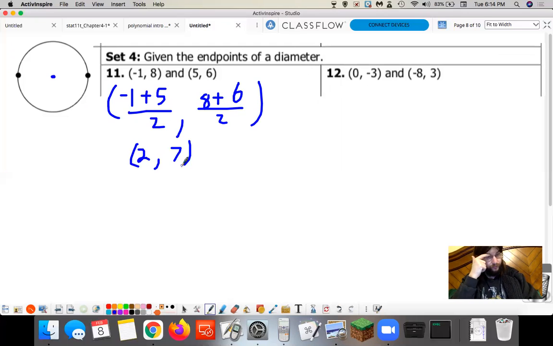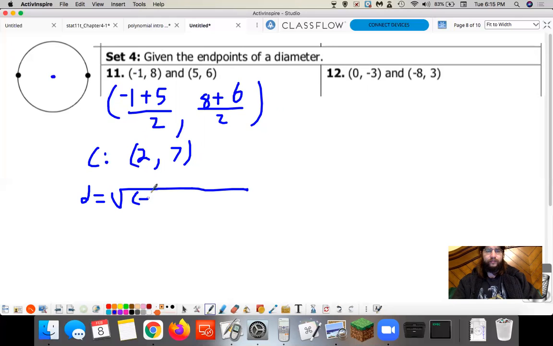That's my center, in the middle of the diameter. For the distance, on this one, I'll go ahead and do the whole distance of the diameter. So I use these 2 points they gave me.